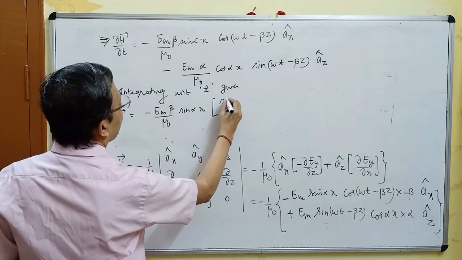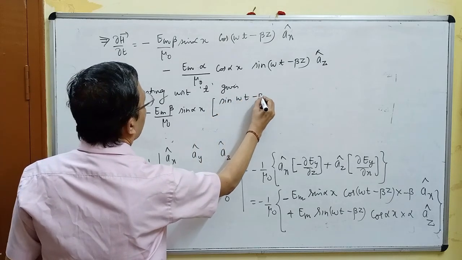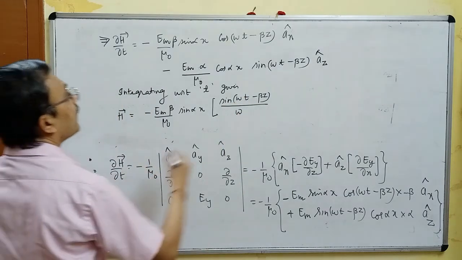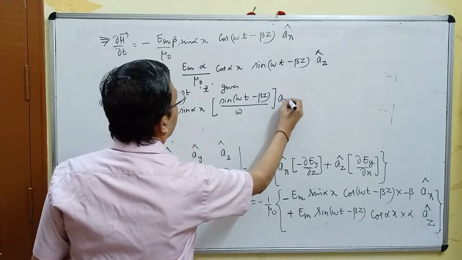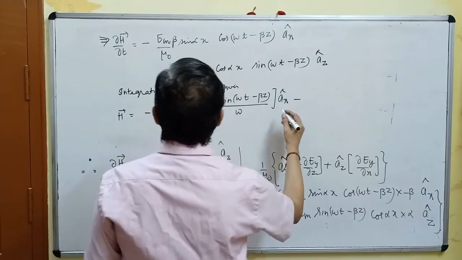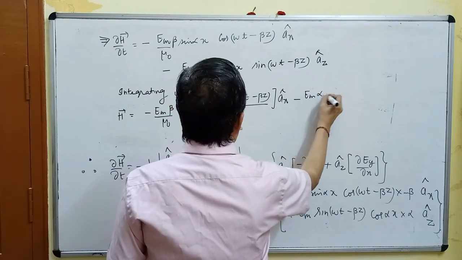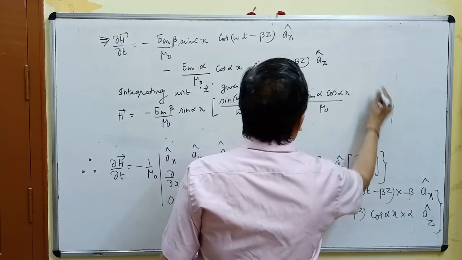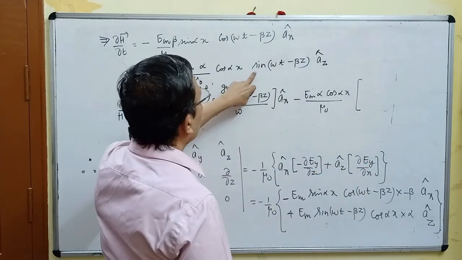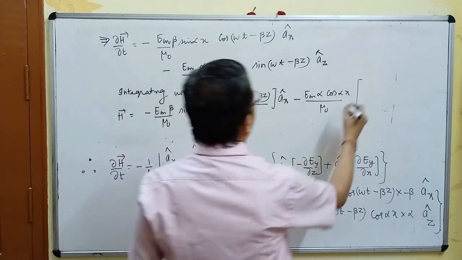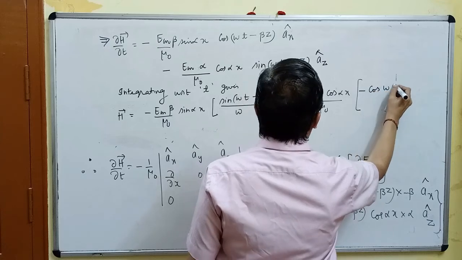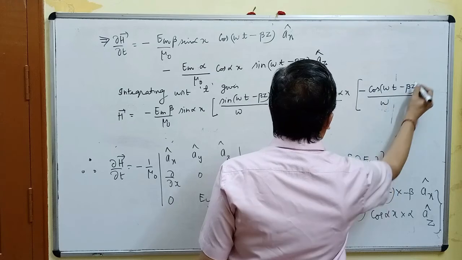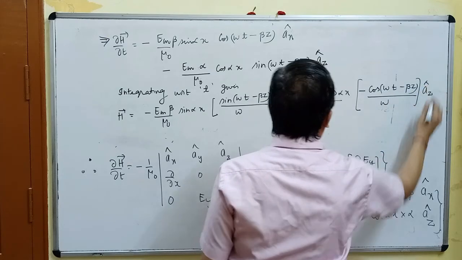You get sin(omega t minus beta z) divided by omega, into Ax cap, minus Em alpha cos alpha x divided by mu naught. If you integrate sin(omega t minus beta z) with respect to t, you get minus cos(omega t minus beta z) divided by omega, the whole thing multiplied by Az cap.